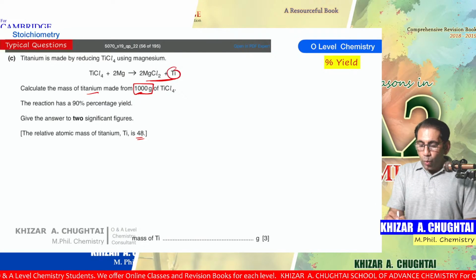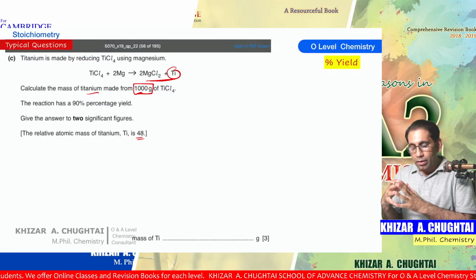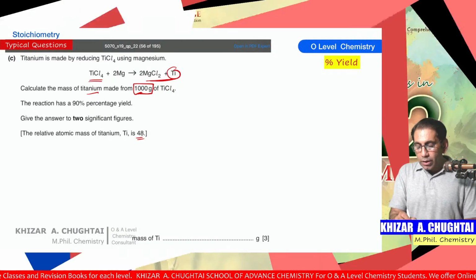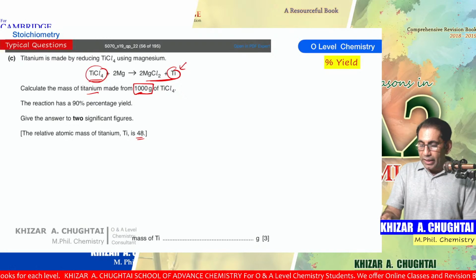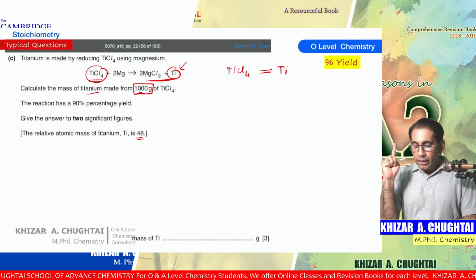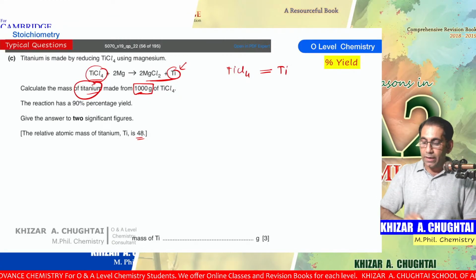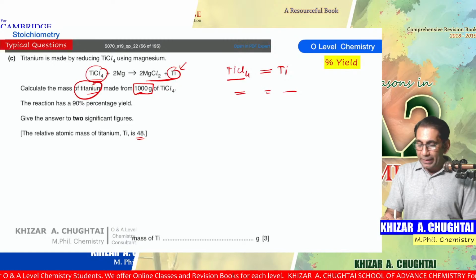Now I am going to write the basic formula that is said to be the unitary method. According to the balanced chemical equation, what is the mass of TiCl4 and what is the Mr of Ti? So I am going to make Ti from TiCl4. I am going to put the two answers from the balanced chemical equation.